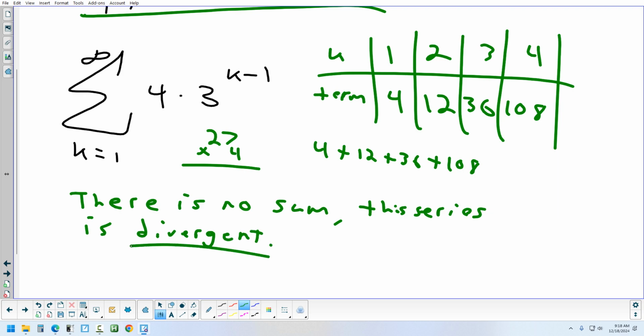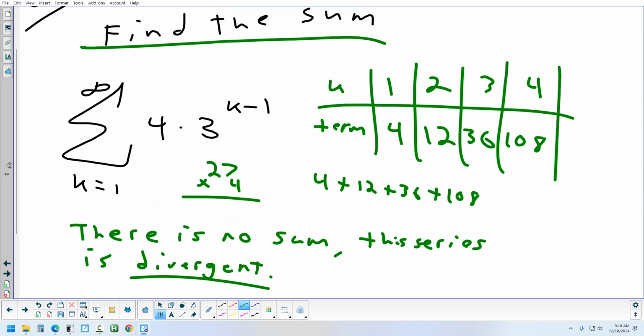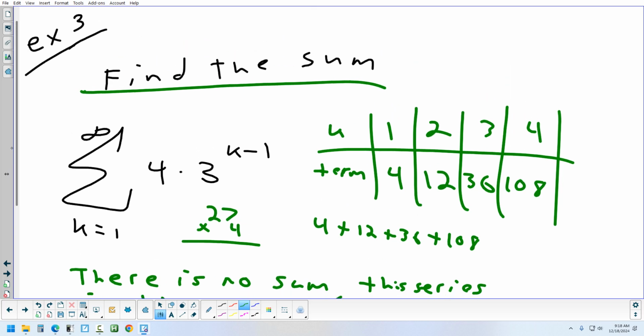Okay. Convergent means that it's adding up to a number. Divergent means it is not. Okay, so there is no sum to that problem. And it is divergent. It would have been nice if we could have just figured that out right away, rather than having to make this table and start realizing what's happening. Okay, so that's what we want to look at.